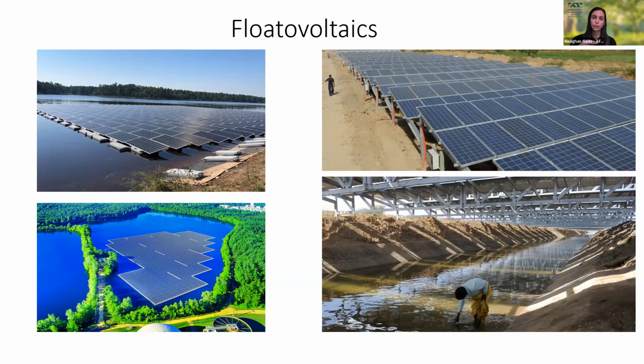And having cooler water underneath panels actually increases the efficiency by like 5%. I think every 2 degrees that a solar panel is kept cool, you get like a 2 to 3% increase in efficiency of those solar panels. So there's a lot of potential benefits here.